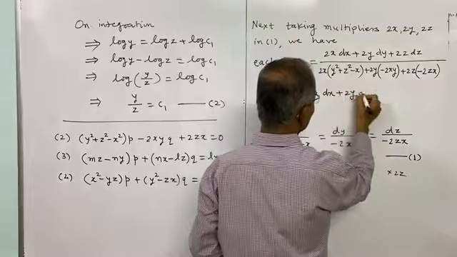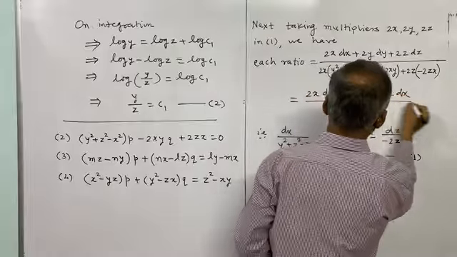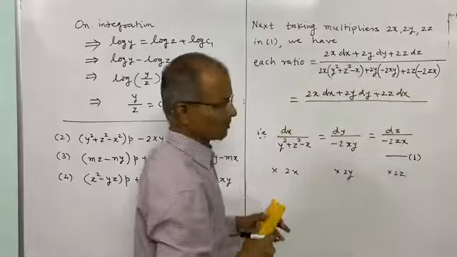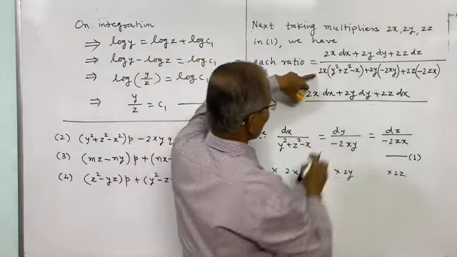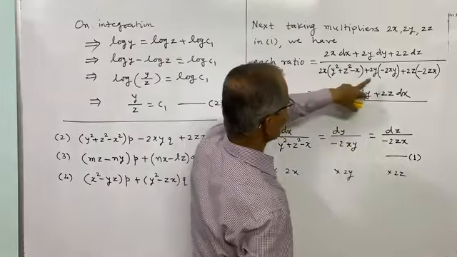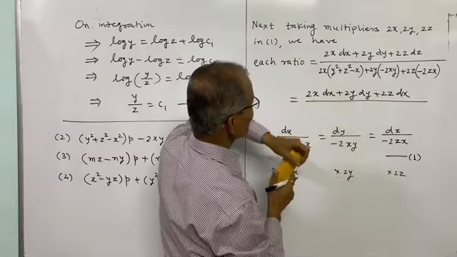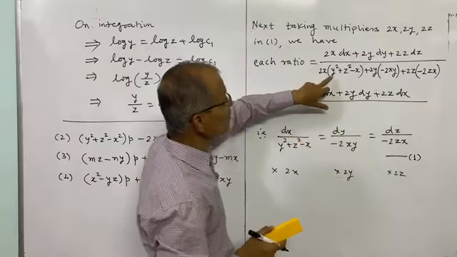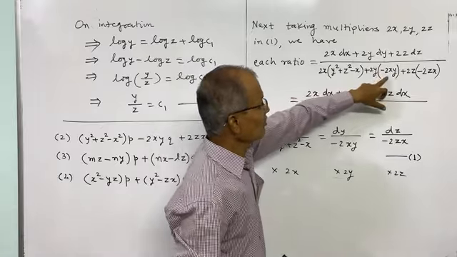The numerator we keep as it is, we shall simplify the denominator. We can have 2xy square plus 2xz square minus 2x square, and then minus 4xy square. Here it is plus 2y square x, and here it is minus 4y square x.